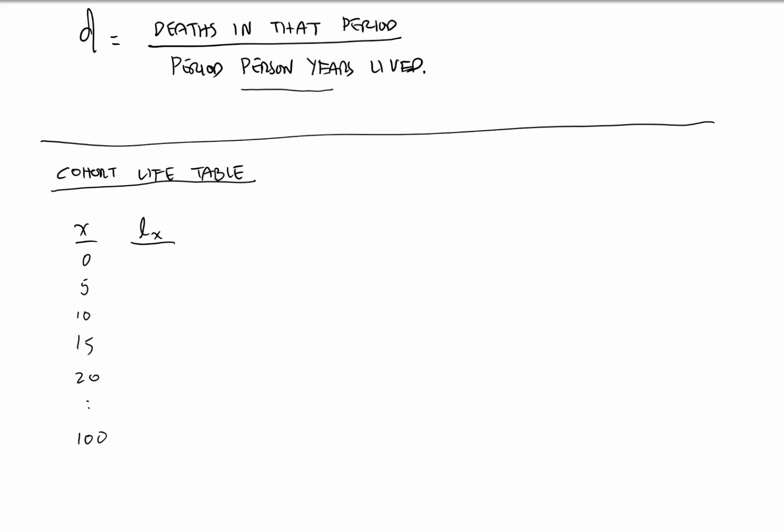I'm going to use the subscript notation. Sometimes when we talk about a continuous version of it, I'll try to use the functional notation, so I may later use the l of x kind of notation, but right now I'm talking about a discrete set of variables at a particular age x. So I'm going to use this l subscript x notation.